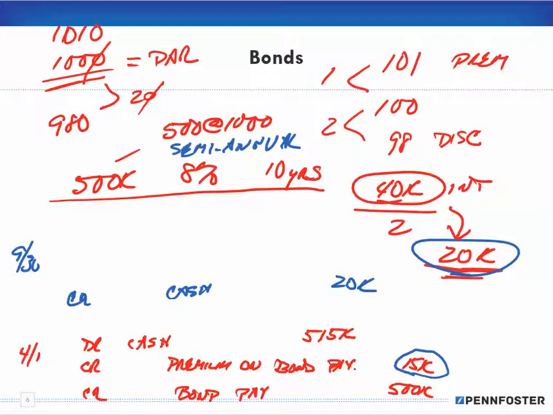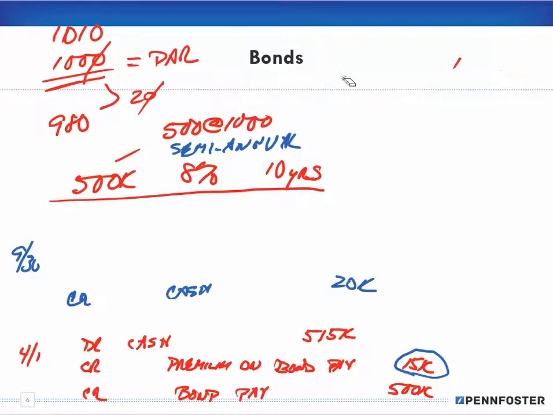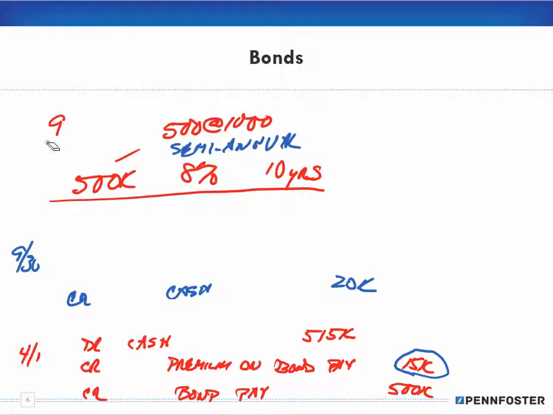Okay, remember, this is just the flip side of the coin. It's like accounts receivable and accounts payable. It's two sides of the same coin. We're doing the exact same thing as we did with the discount, but we're just doing it in the opposite fashion. All right, so let me get rid of this here.